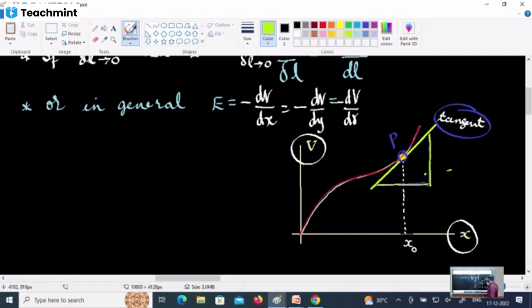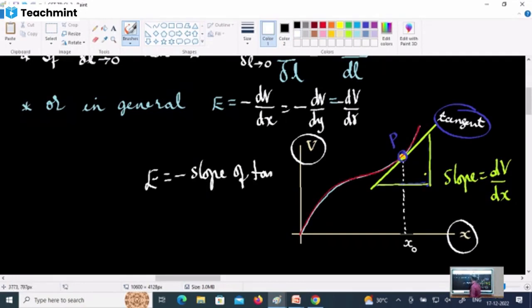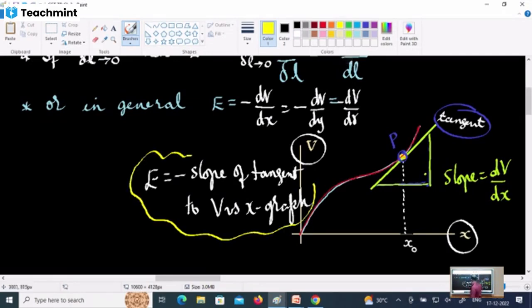The slope of this graph gives you dV by dx. Electric field at that point can also be written as negative of slope of tangent to the V versus X graph.